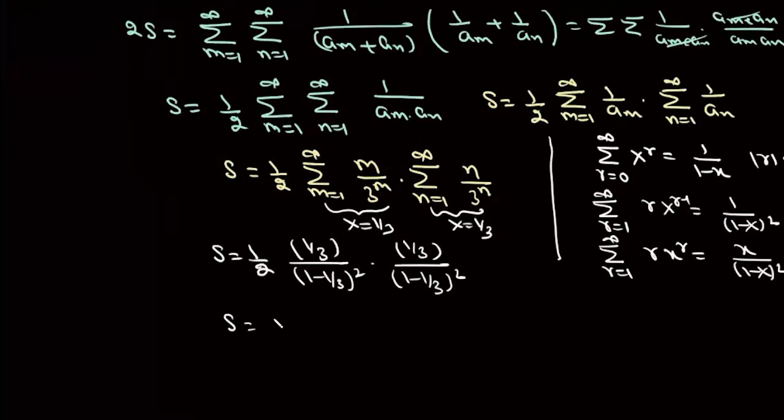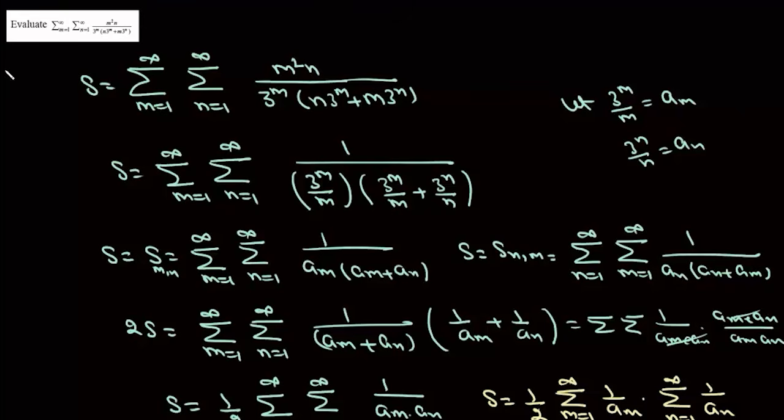So this sum will be 1 by 2, 1 by 9, and this is 4 by 9 into 4 by 9. Now this 9 will cancel, so it will be 9 upon 32. So the sum of this series is 9 upon 32, and that is the answer to this question.